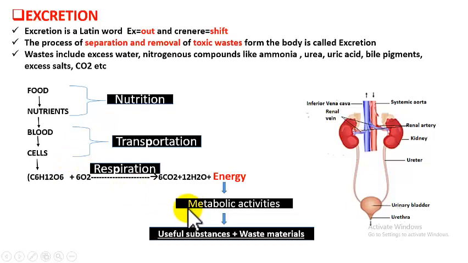The reactions in which substances are made are called anabolic reactions. And those reactions in which substances are broken down are called catabolic reactions. Both anabolic and catabolic reactions constitute metabolic reactions or metabolic activities. So did you understand? This energy is used up for making and breaking processes going on inside our cells.